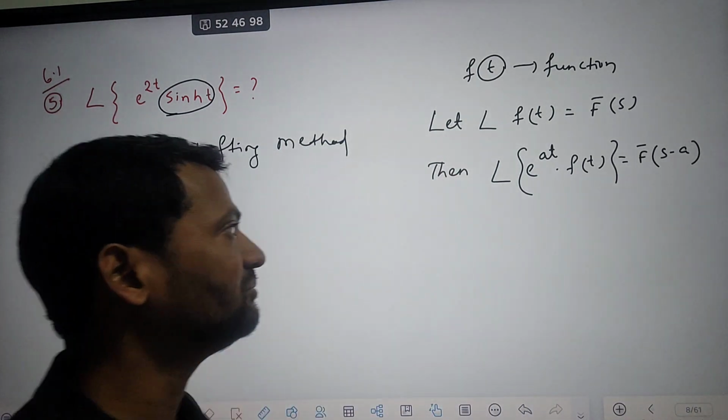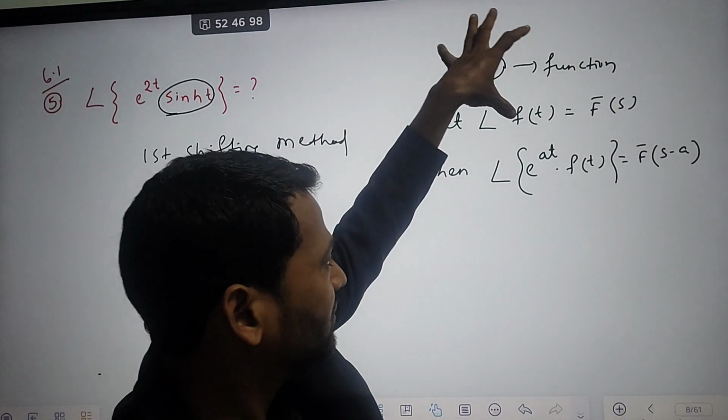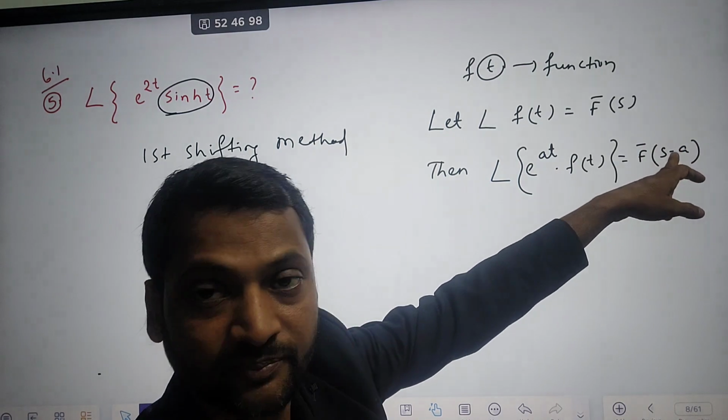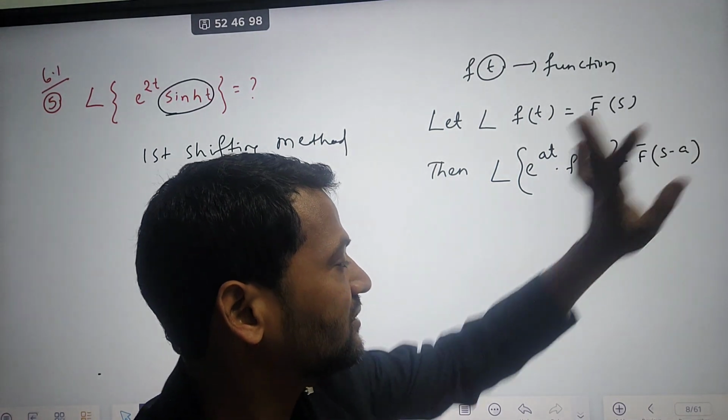You just find out Laplace of that particular function, then replace the value: in place of s you just put s minus a.